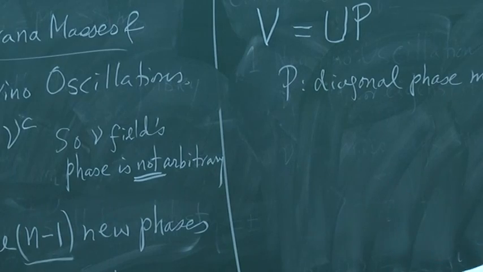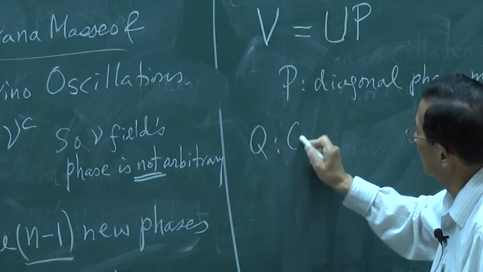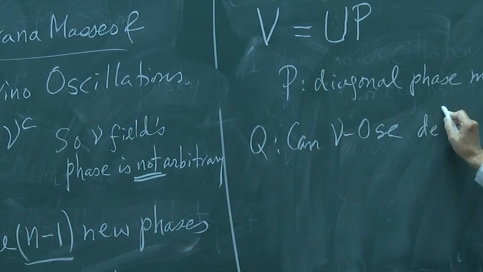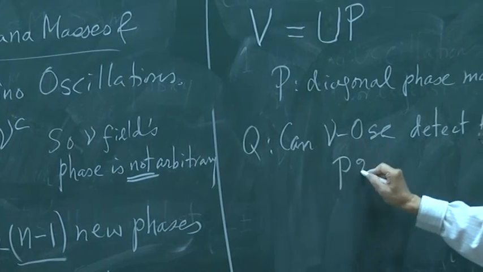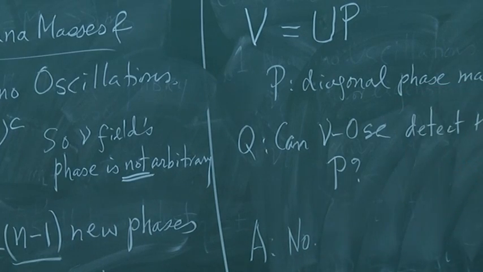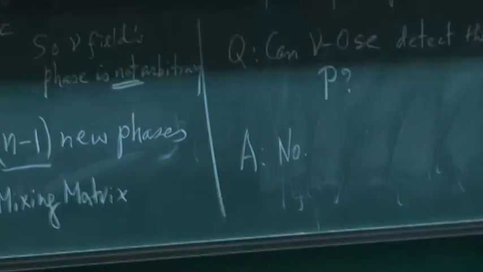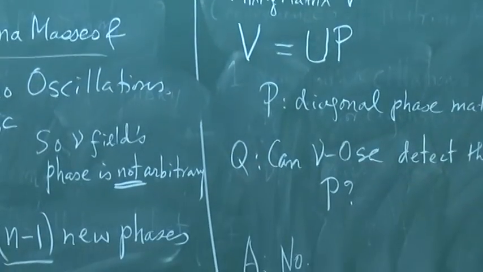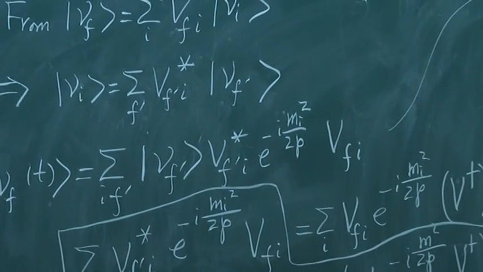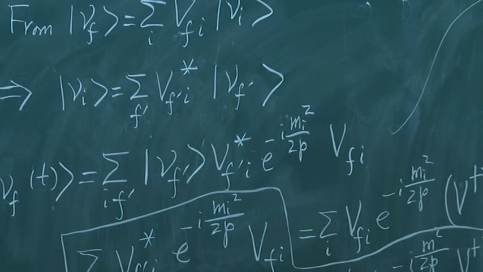So the question is this: can neutrino oscillations detect the phases P? And the answer is no. And it's very simple from what I have here. I derived this, and it is true for Dirac masses or Majorana masses. They all satisfy this condition.